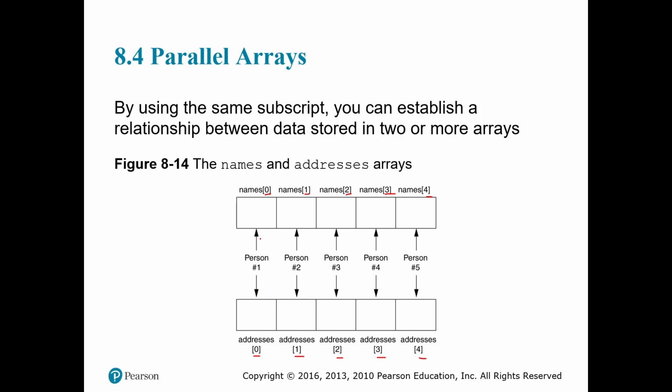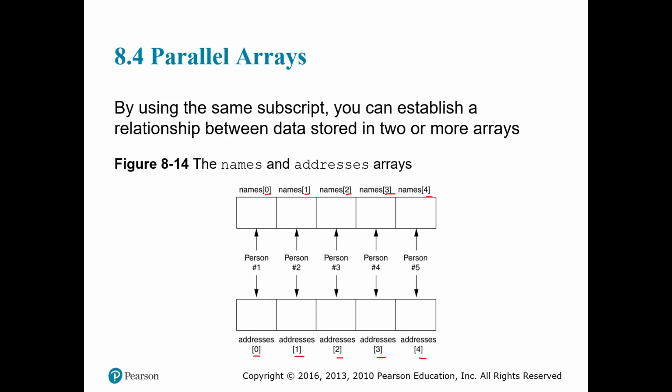And there is some correlation between the two arrays. As you can see here, person 1, person 2, person 3, person 4, and person 5, they have their assigned values. So person 1 will be assigned to subscript 0.